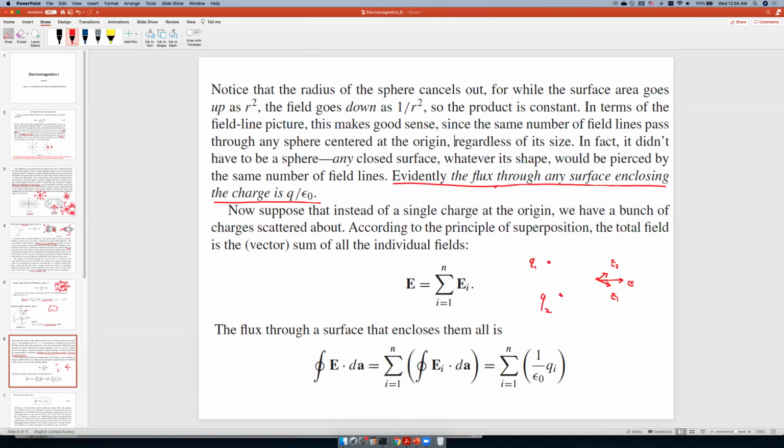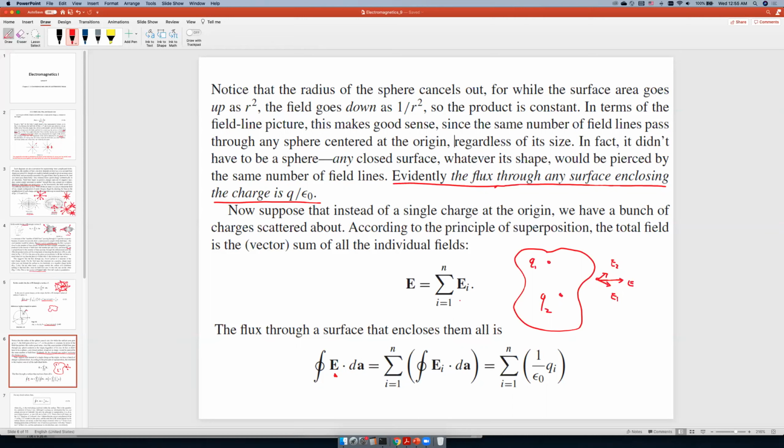The flux through a surface that encloses them all is, for example, if you have a surface enclosing the charges and you want to calculate the flux, then you can do the integral of E dot dA, that's the equation of flux. It equals the sum of Ei dA, because this E is the total electric field.